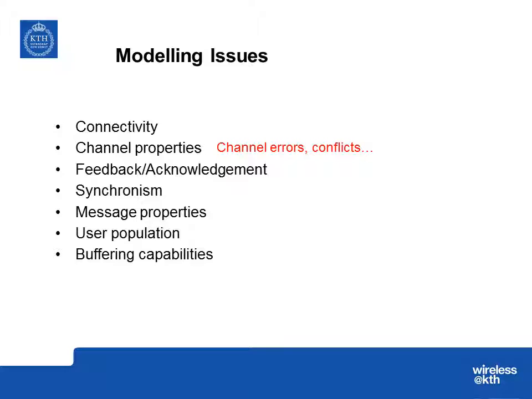But in practice, in a real wireless system, as we saw in the previous lecture, messages can be lost due to noise errors, even though there is no collision. And we will also see later in the course that messages can sometimes be transmitted simultaneously, and one or several of the messages that are colliding could actually be retrieved by the receiver.